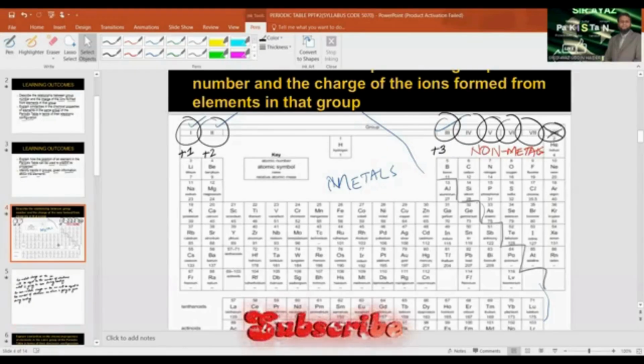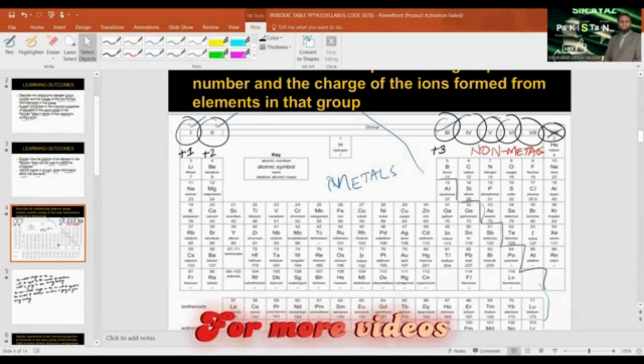So how are you going to predict the number of electrons these non-metals are going to gain during bonding? It's very simple. What you have to do is subtract 8 from their group numbers. The group numbers indicate the number of valence electrons.